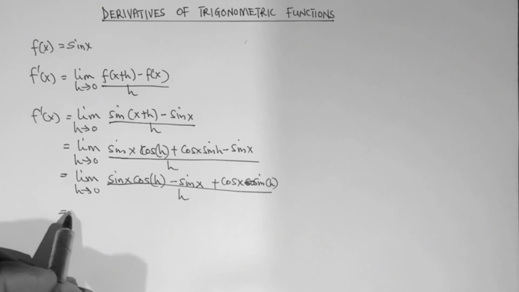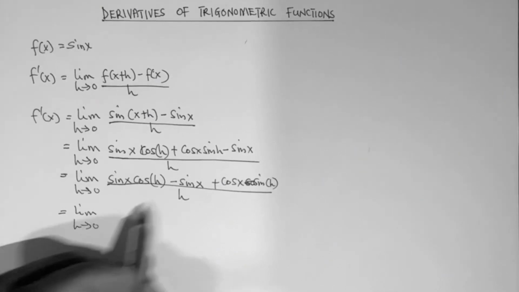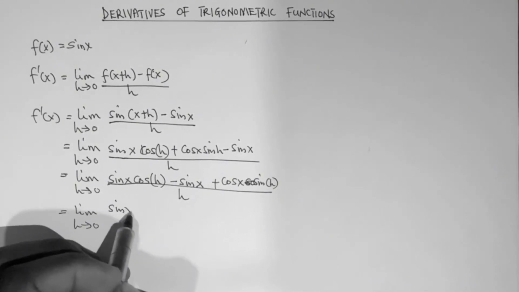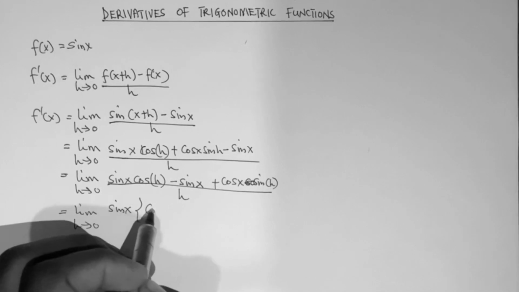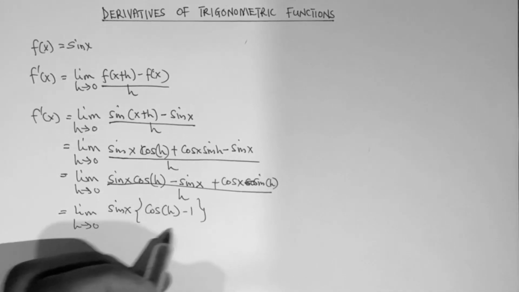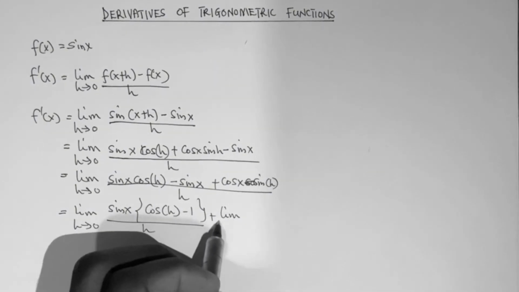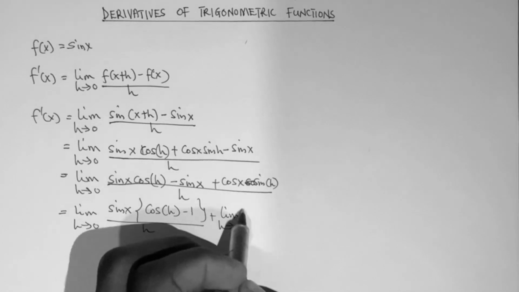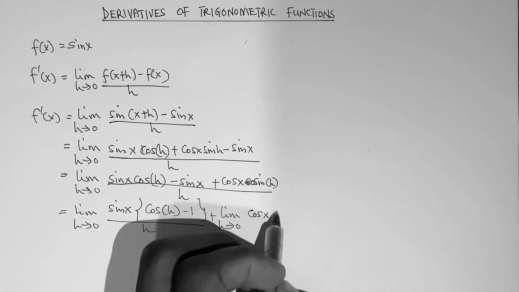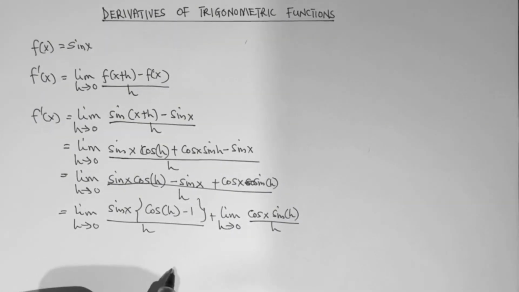So this is equal to the limit as h approaches 0. Now if you factorize sine x out, it becomes sine x, then in brackets cos h minus 1, divided by h, then plus the limit as h approaches 0 of cos x sine h divided by h.